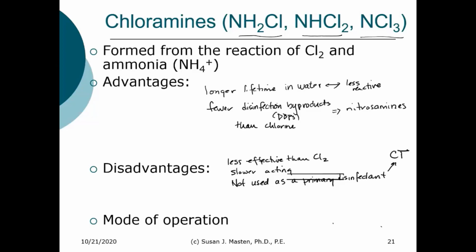The other problem with chloramines is that it can change the redox chemistry. It's a more reducing environment, and that has been shown to cause problems with the release of lead.